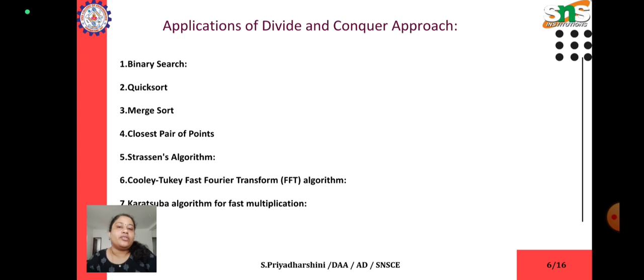It follows the divide and conquer approach and has a time complexity of big O of n log n. The Karatsuba algorithm for fast multiplication is the next application. It is one of the fastest multiplication methods used. It multiplies two n-digit numbers by reducing the problem to at most single-digit multiplications.